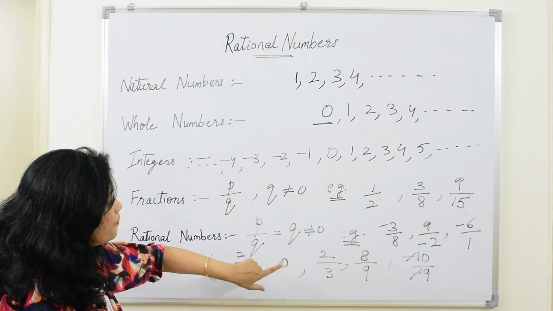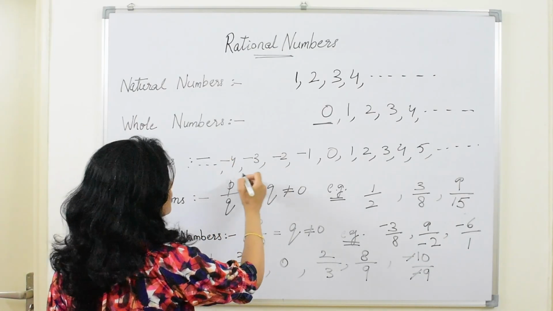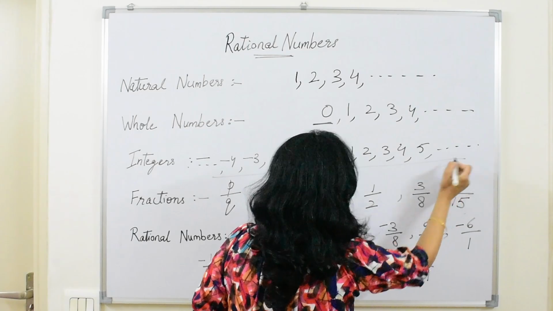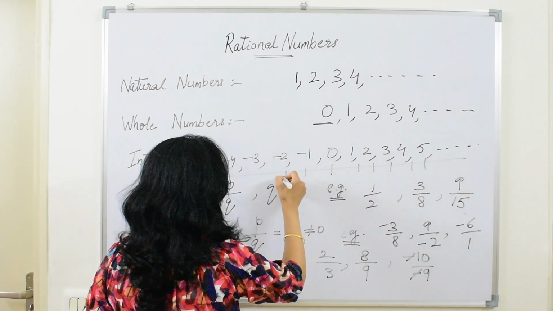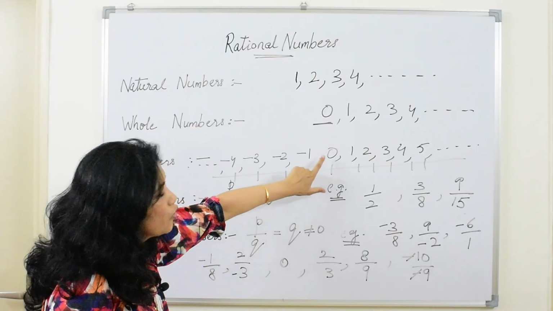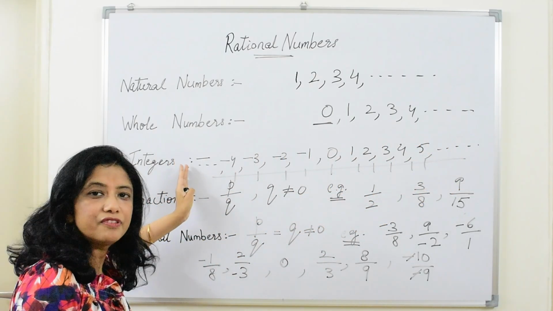Now similarly, we can plot these rational numbers on the number line. Like in integers, this is the number line. 0 is in the center, positive numbers are to the right side, negative numbers are to the left side.